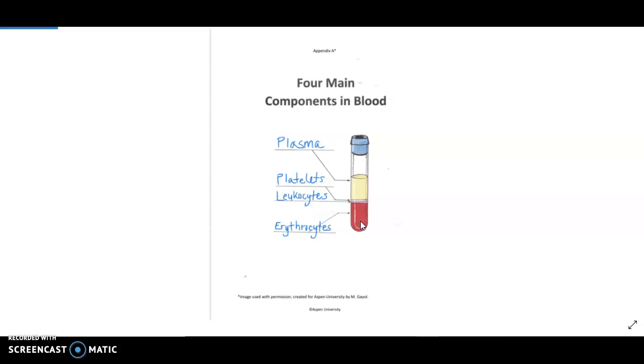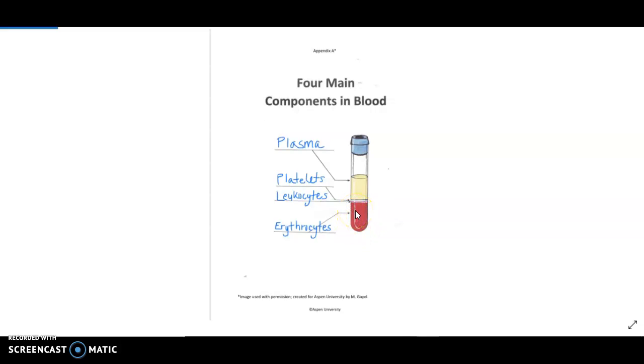It makes up about 44% of our total blood volume, and they contain hemoglobin, which is the actual oxygen binding protein, and that is what helps transport oxygen throughout the body.